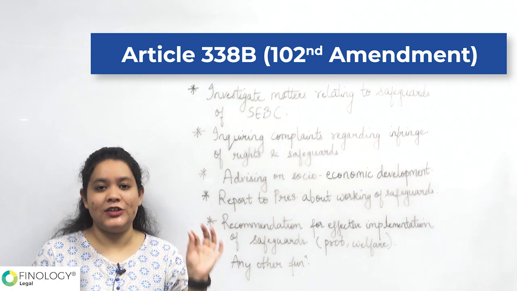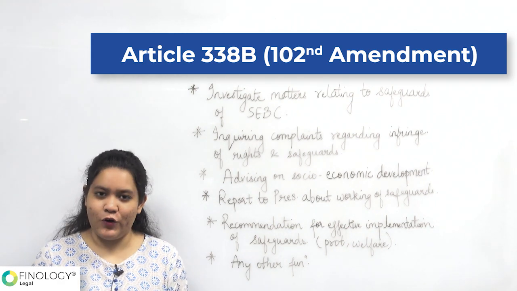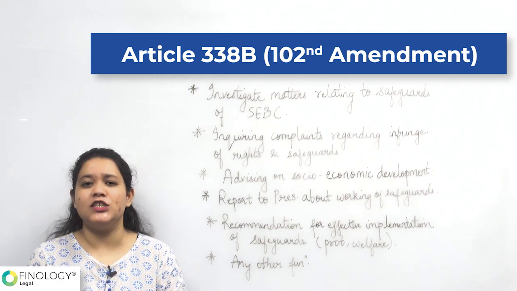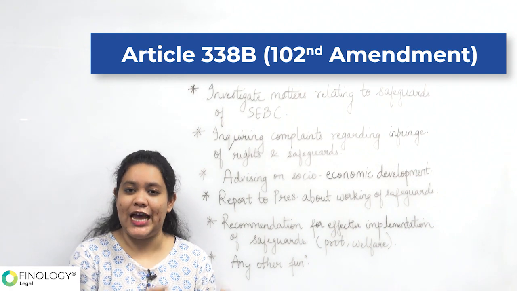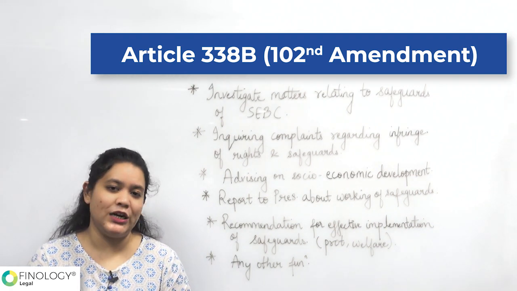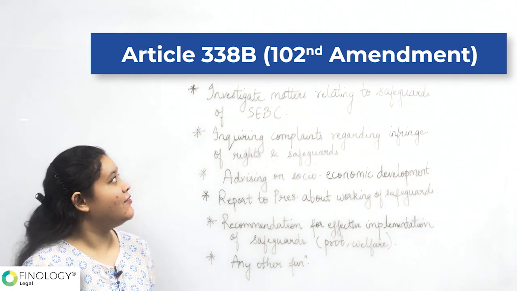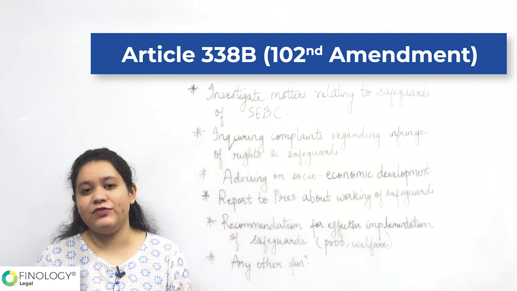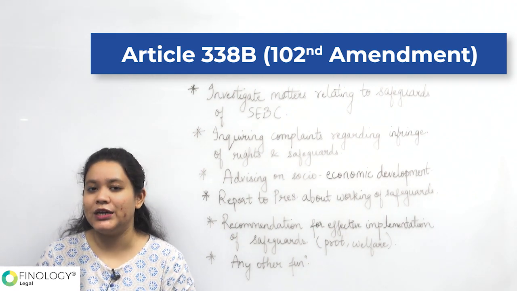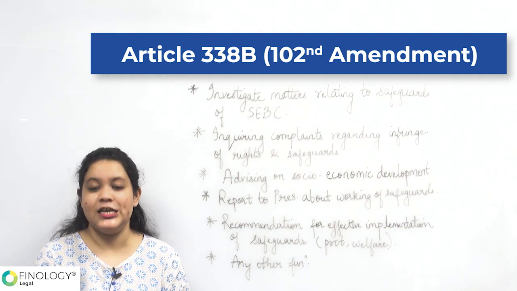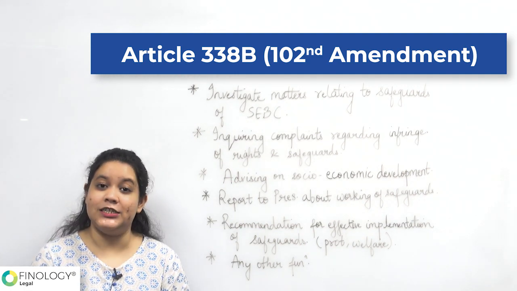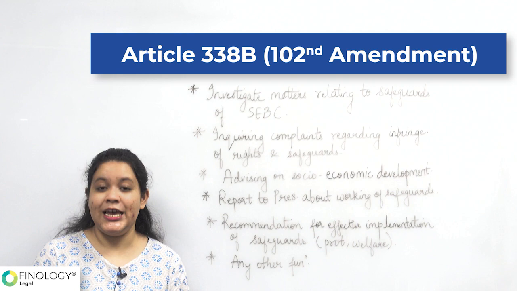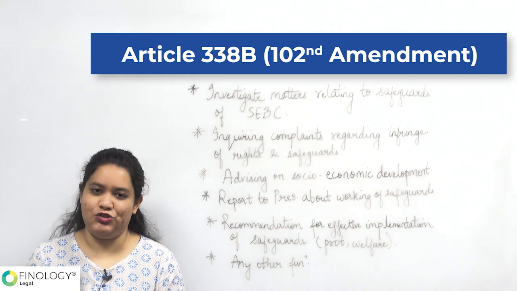This article provides for the establishment, powers, duties and structure of the National Commission for Backward Classes. The 102nd Amendment gave this commission a constitutional status, which means it is now considered to be established under the Indian Constitution only.